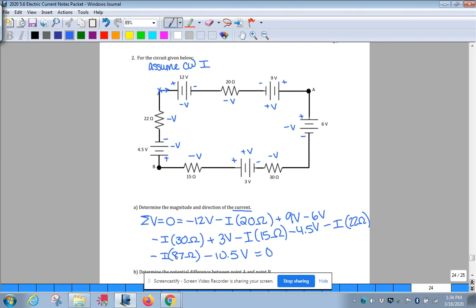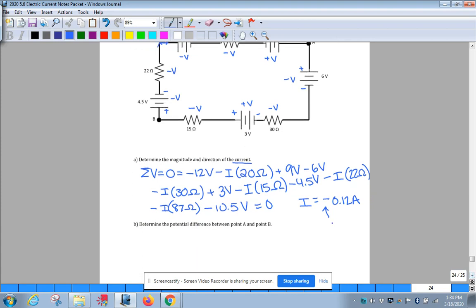So even when I move the 10.5 to the other side of the equation, divide by 87, I get negative 0.12 amps.